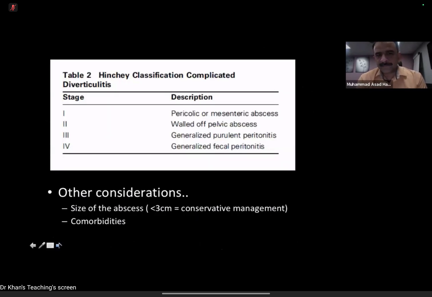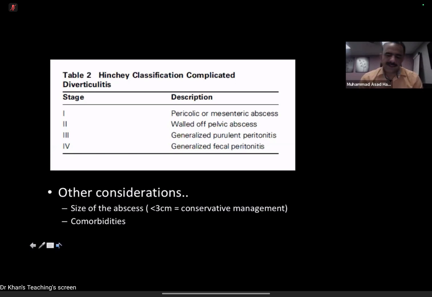I put the slide over there. Basically, this classification describes the abscess according to their size and whether they are walled off or not. Stages 1 and 2 are better off with image-guided drainage. Stages 3 and 4 are better with surgical drainage.